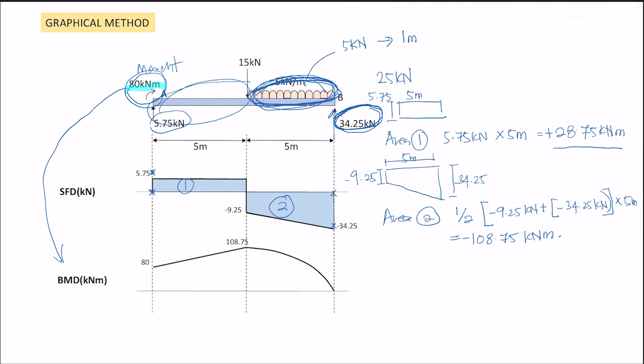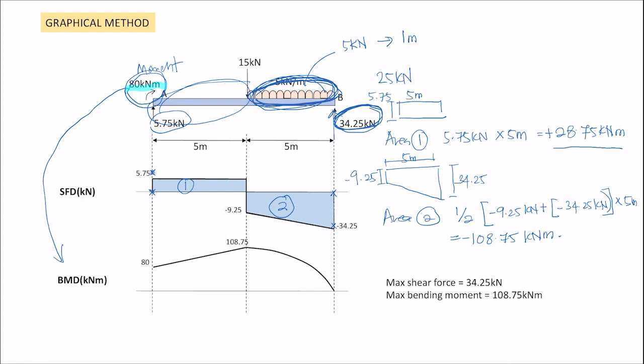That's why the curve is like that, back to 0. So our SFD and BMD are done. And to get the maximum value, 34.25 is the maximum value even though it is in the negative. Down here it is still the maximum value. And the maximum bending moment is 108.75 kilonewton meter.